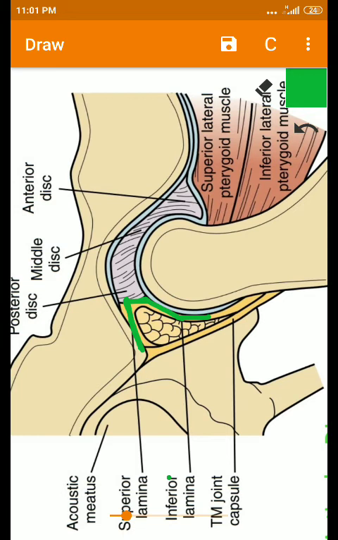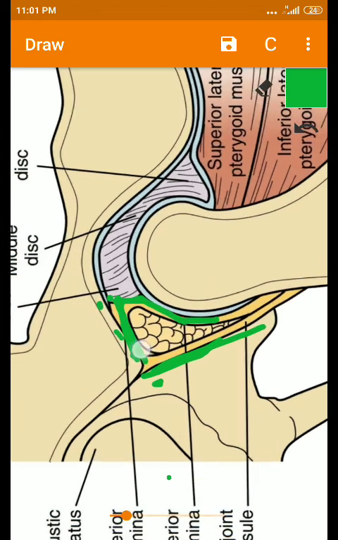The superior lamina is attached to the posterior aspect of the articular disc and is attached to the tympanic plate. This one is the tympanic plate, here. It is present at the posterior mandibular fossa.